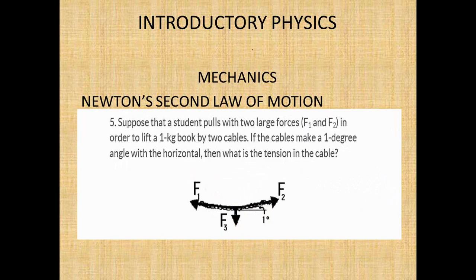Okay. So again, you do the same thing. There's no trick in it. The weight pulling downward is 1 kilogram. So you convert that to newtons. So the force due to gravity is the mass times the acceleration due to gravity.